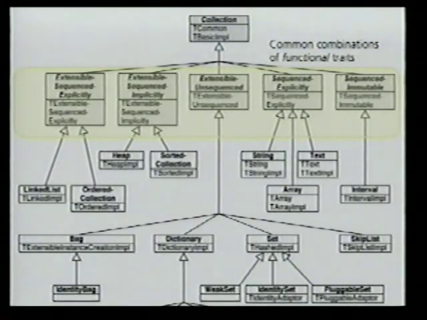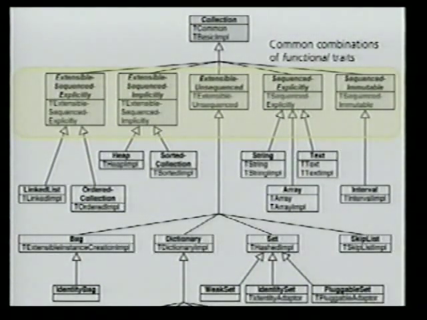For example, here the trait T extensible sequenced explicitly, instead of having the class extensible sequenced explicitly use only that trait, we could have said this class uses a lot of traits. But we said, okay, we create the trait T extensible sequenced explicitly so that the behavior we use in this class is also available as a trait, so that maybe it's used somewhere else.